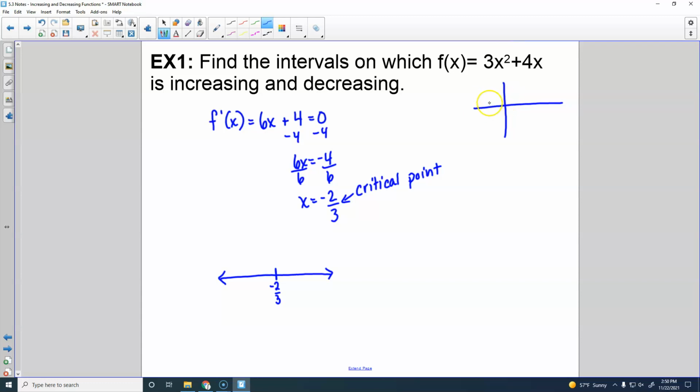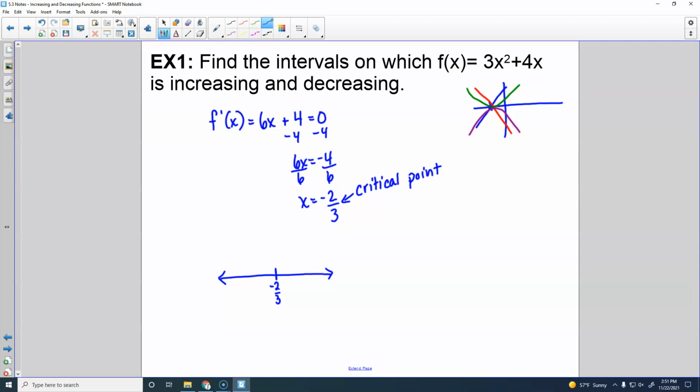So at negative 2/3, that derivative either goes like this from negative to positive. It could go like this from positive to negative. Or it could do something like this. It could go like this. Or it could go like this. It could just barely touch at that point. So it just depends. So we have to check to see what's happened.